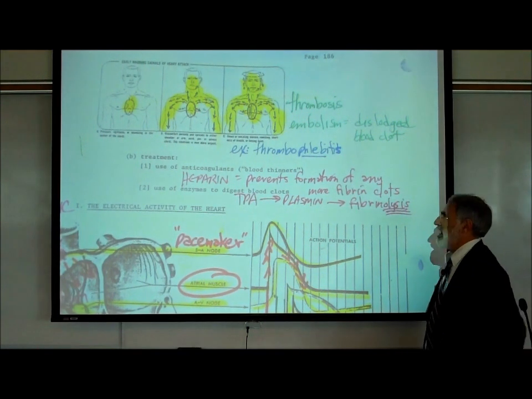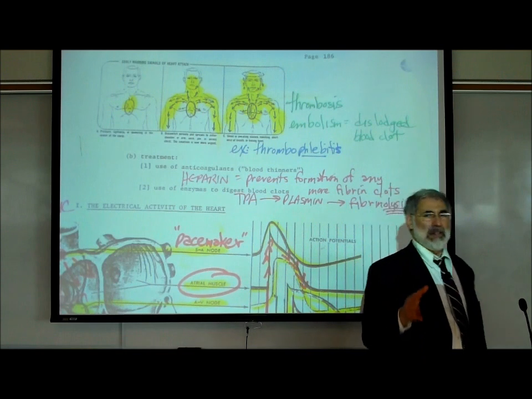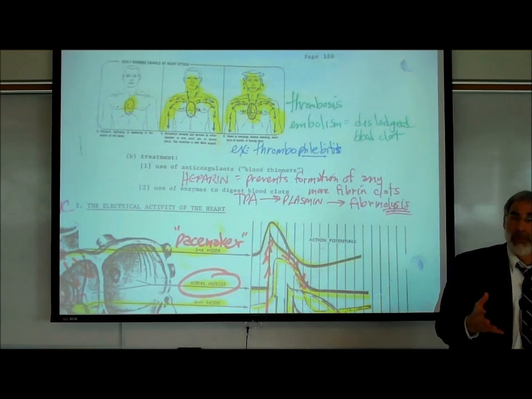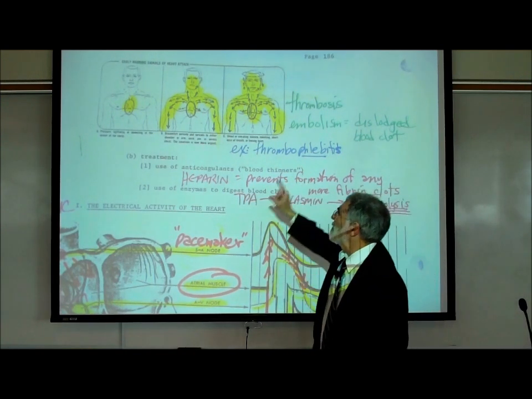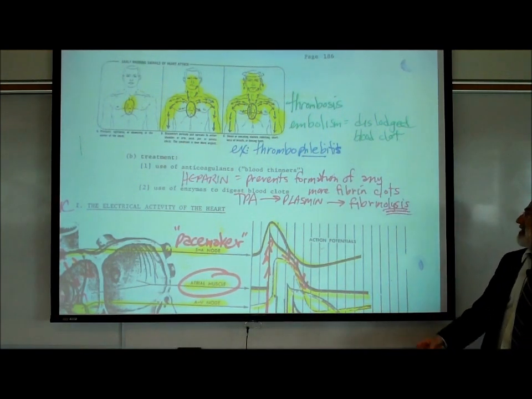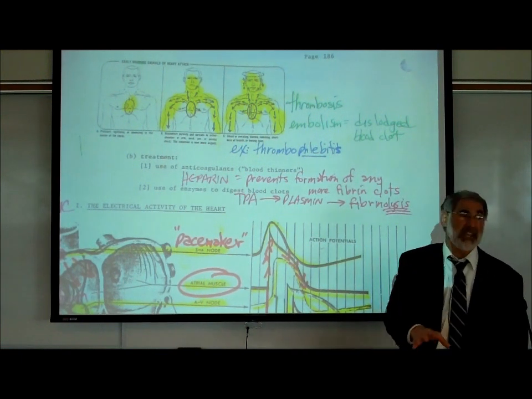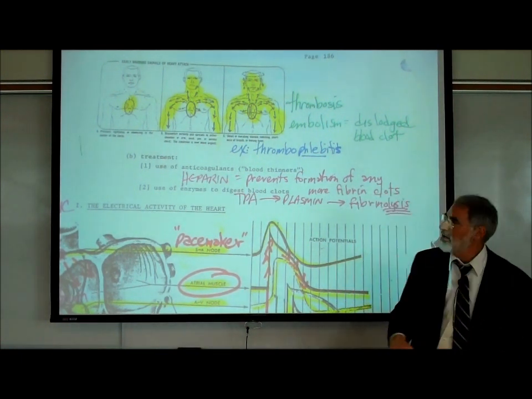Heparin is what's used in the hospital. It's commonly called a blood thinner. I don't really like that name because it doesn't thin your blood. It doesn't make it thinner. It prevents blood clots from forming. It's an anticoagulant. Now that only prevents any new clots from forming. It doesn't dissolve the existing clot that's creating the problem.